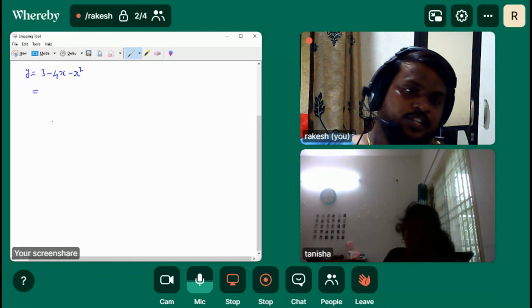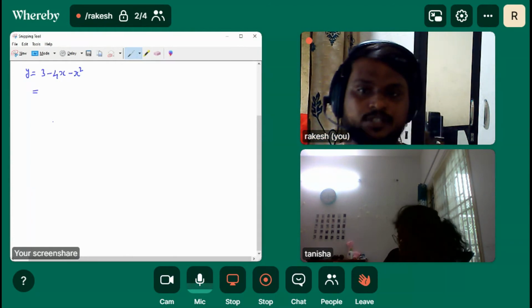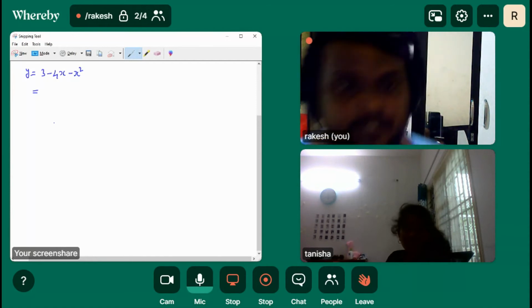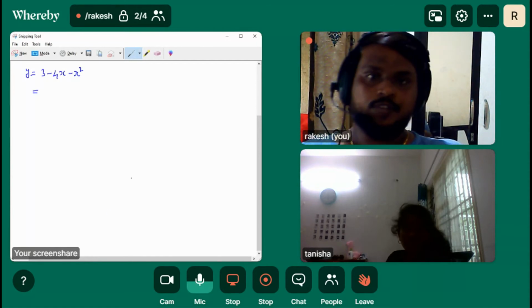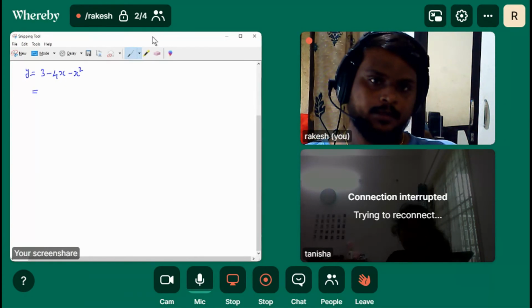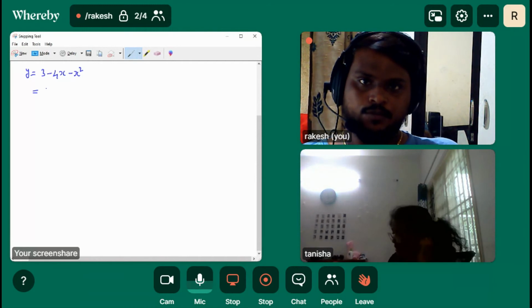You need to complete the square at the same time. A lot of shifting is required. Let me quickly explain the method here.